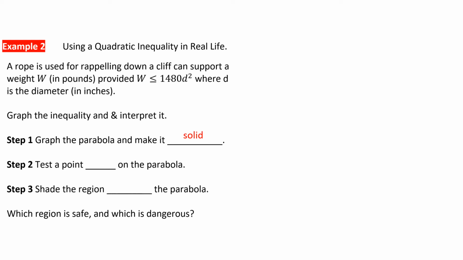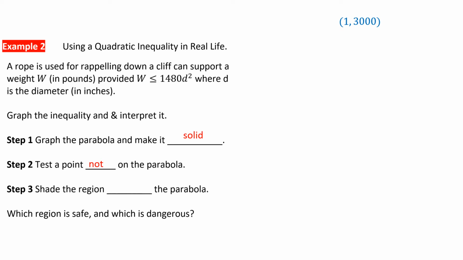Next, we're going to test a point to determine how we're going to shade. So since we know the parabola is going to be a solid line, it doesn't benefit us to pick a point on the parabola, so we're going to pick one not on the parabola.